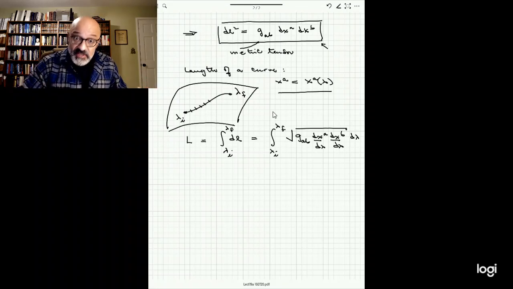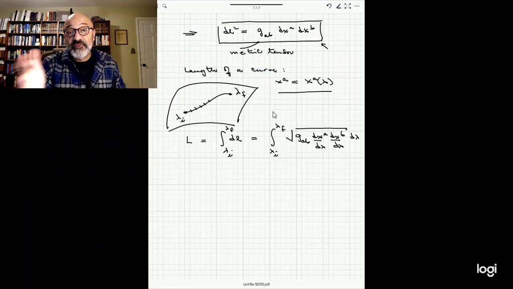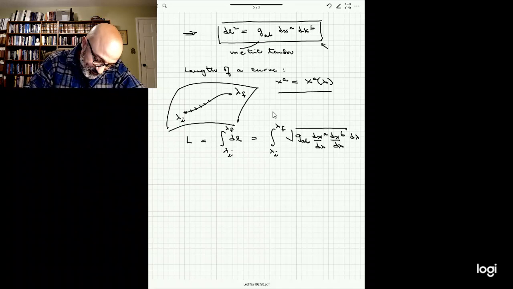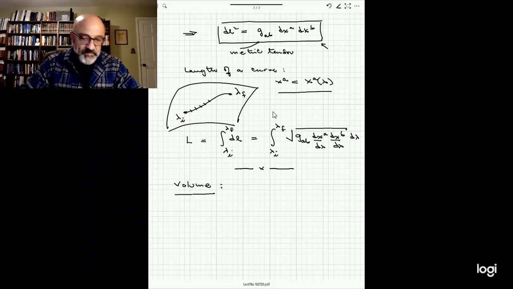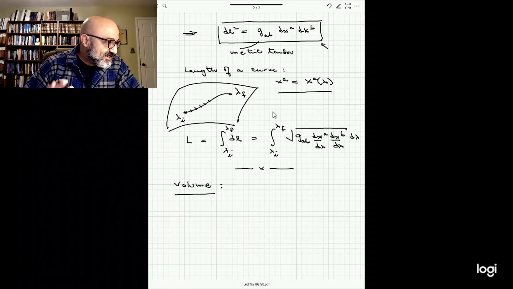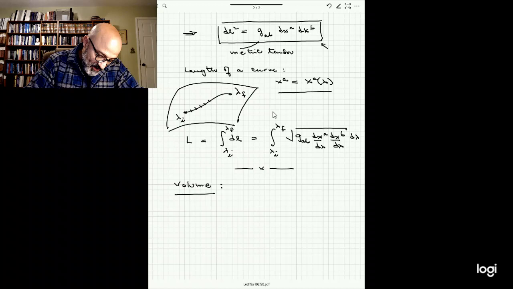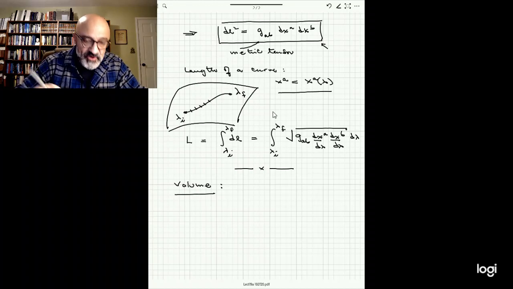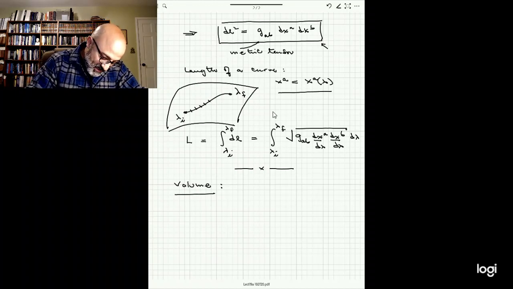Now we want to do exactly the same thing to compute volumes. To compute the volume, we're going to proceed in exactly the same way. We're going to say, look, if you want to compute the volume of a small region, you go to normal coordinates.